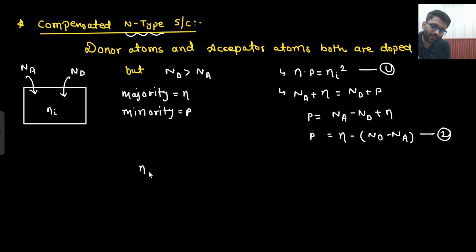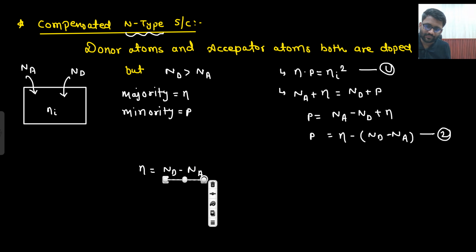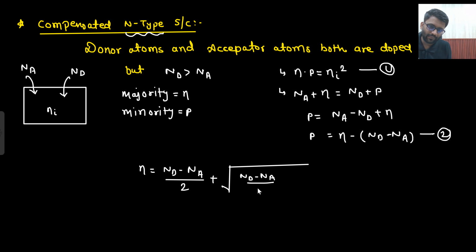So the electron concentration will come out to be Nd minus Na by 2 plus under root Nd minus Na by 2 whole square plus Ni square.